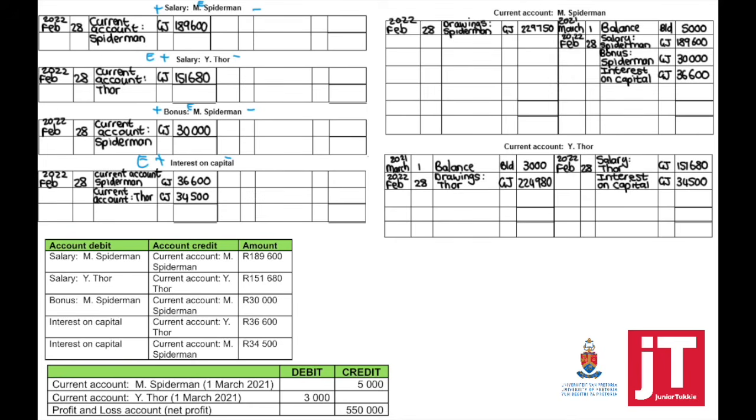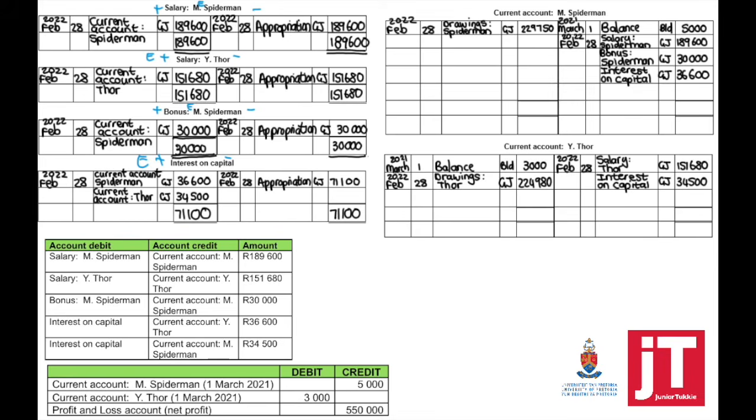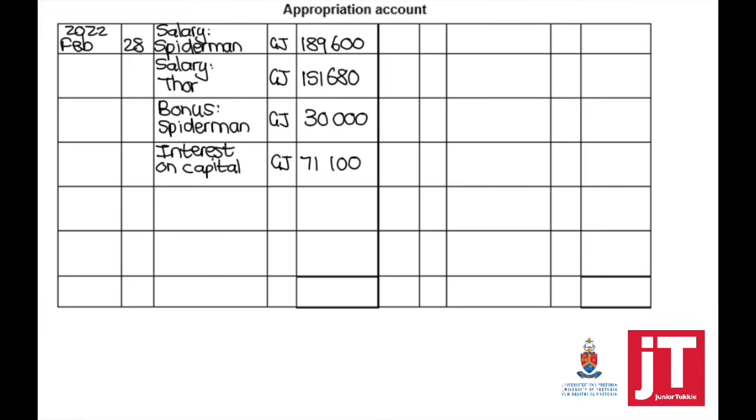The current account, which means drawings would have been credited, the current account would be debited. All my expense accounts don't form part of the operating expenses, they form part of the distributions of profits. So where do we close it off to? The appropriation account. For every credit, there is a debit.